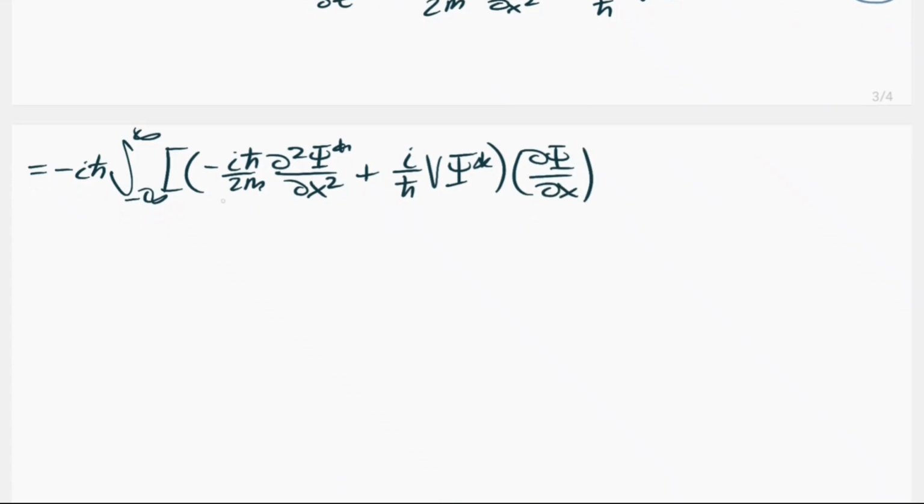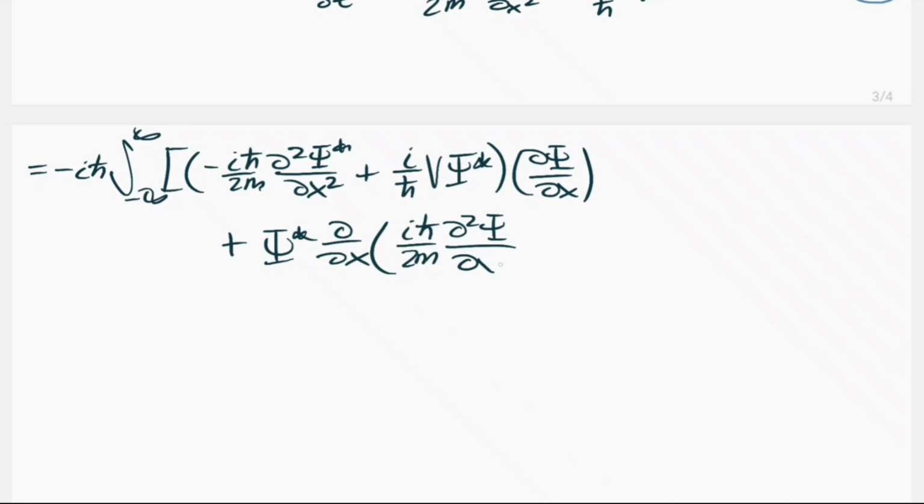And then we have plus psi star d/dx of i h bar over 2m d squared psi dx squared minus i over h bar V psi, close that, dx.